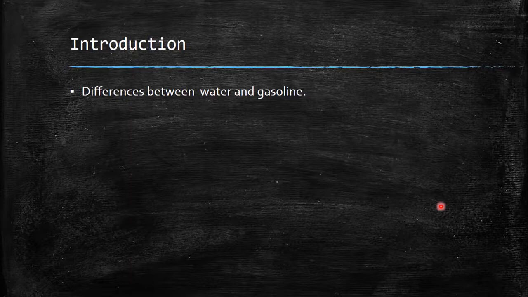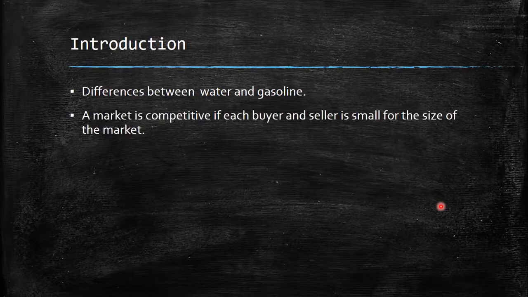On the other side, if we think about water and the price is higher, maybe you try to save a little bit of water, but it's so hard to find another supplier. So automatically we can understand that when we have more suppliers, they have less market power.